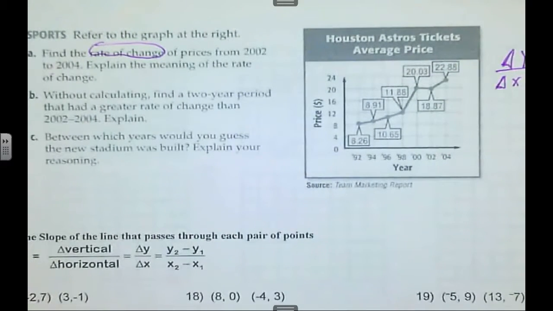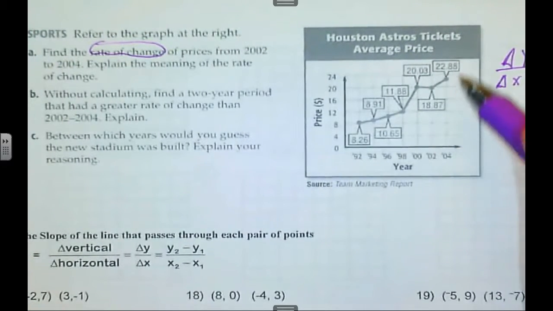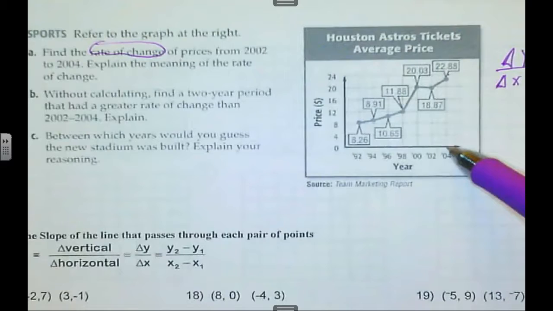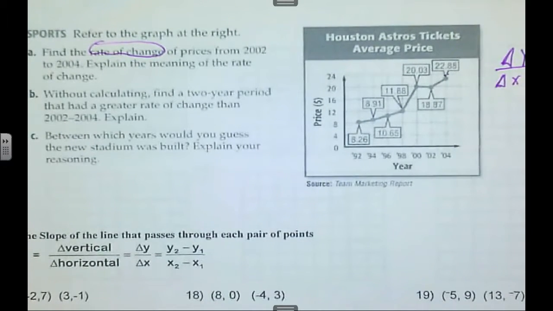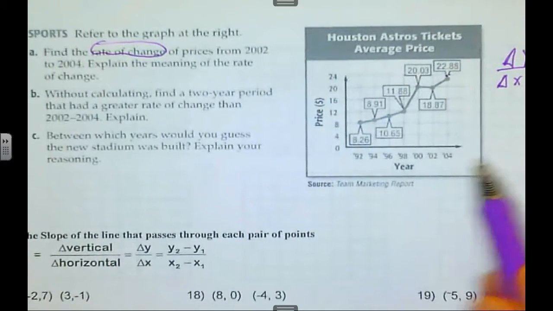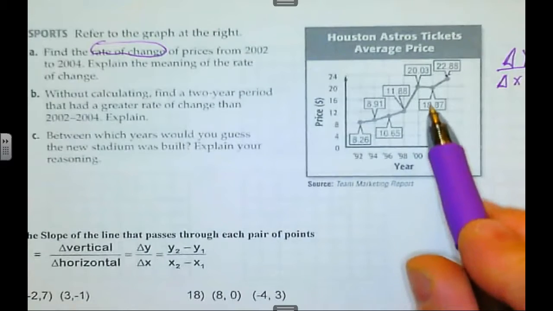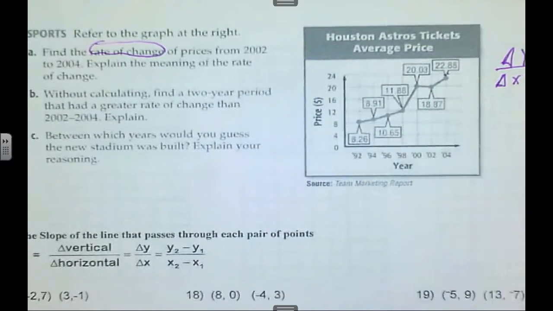Okay, now in 2004, our y was, just follow the graph, 22.88 minus my 2002 y value is 18.87.